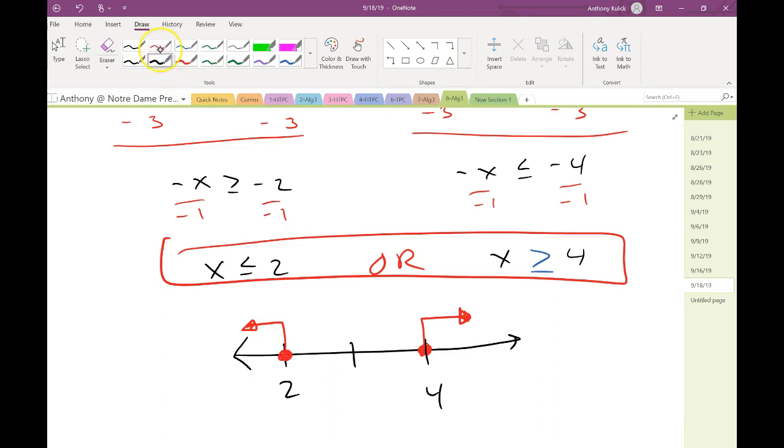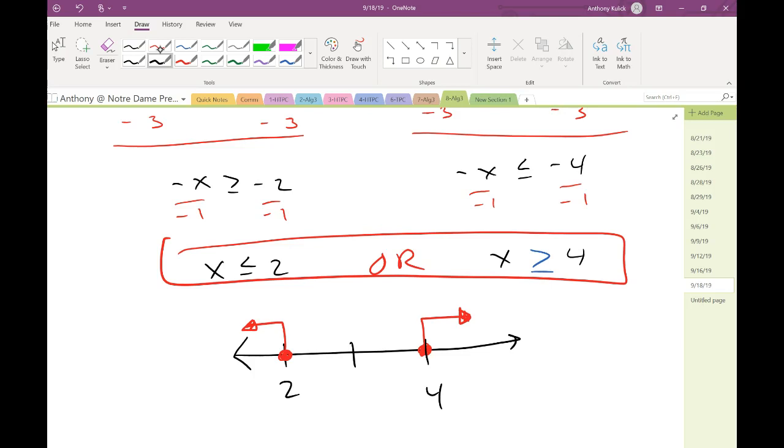So hopefully that feels pretty okay. It's basically the same thing as last time, right? We have a little bit of modifications for dealing with the inequality part, but overall it's not terribly different.